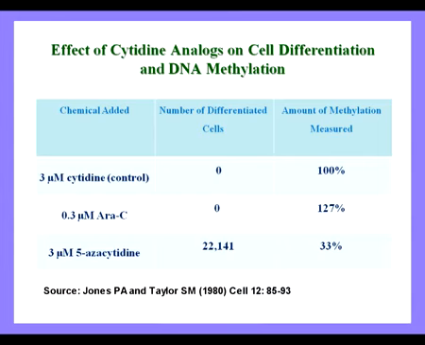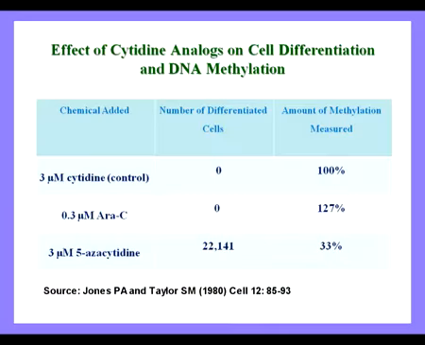After this experiment, they opened up a window for scientists worldwide to work along these lines, making it a premise that DNA methylation is linked with gene expression. It was published in Jones and Taylor in 1980.